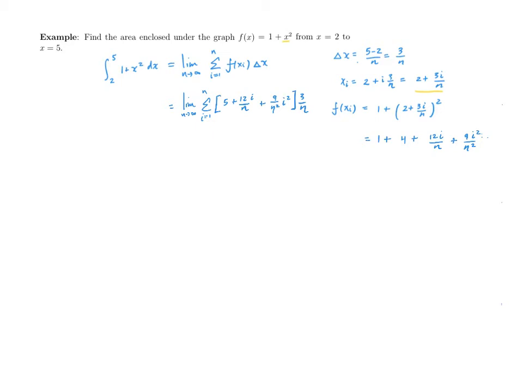Then we take this 3 over n and distribute it through, letting it hit each term. When we do that, we will have the limit as n approaches infinity of the sum from i equals 1 to n of 15 over n, plus 36 over n squared times i, plus 27 over n cubed times i squared. So once again, a nice, slow, incremental process.